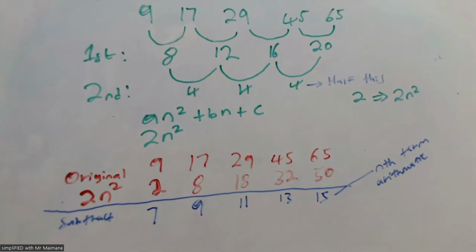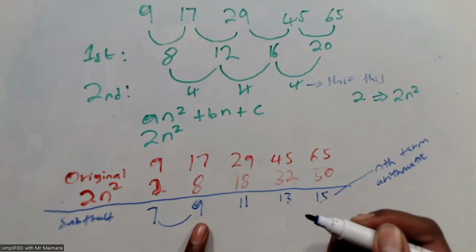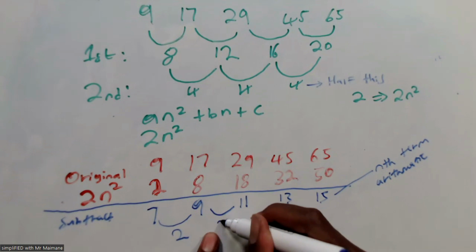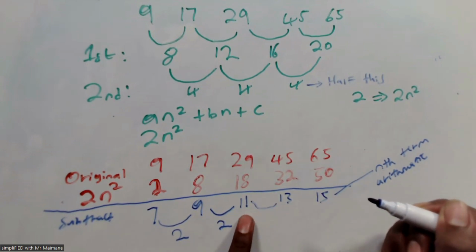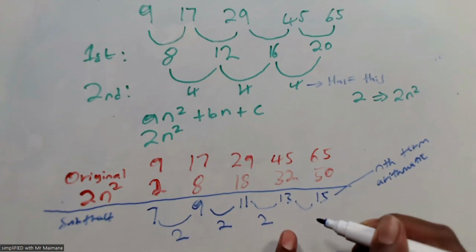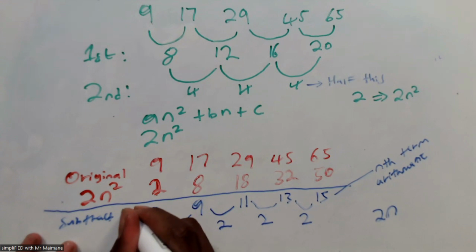To get our nth term here, we just have to check our common difference. 9 minus 7 is 2. 11 minus 9 is 2. 13 minus 11 is 2. 15 minus 13 is 2. So we see it formulates 2n, and this is the value of b. To get the value of c, we ask ourselves, what was the value before the first term?